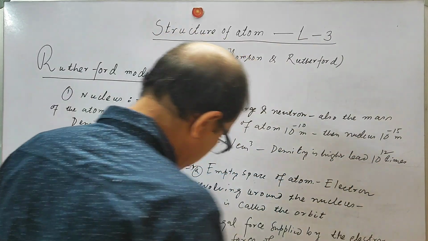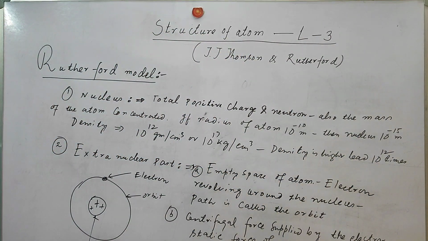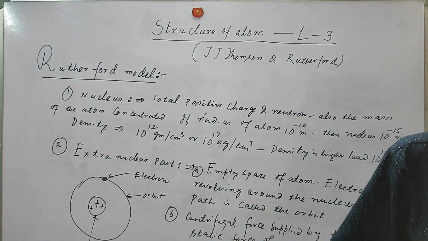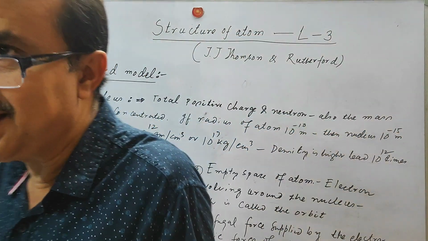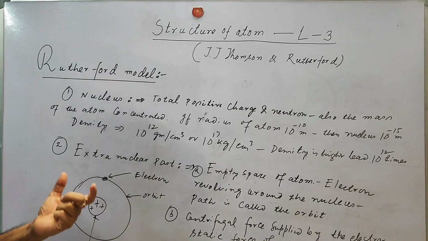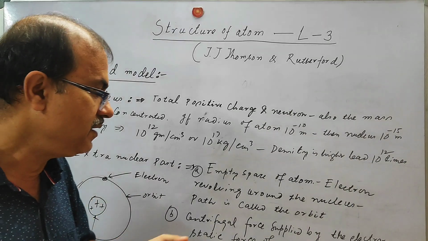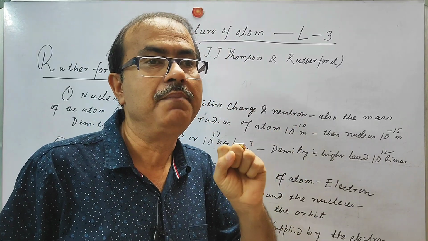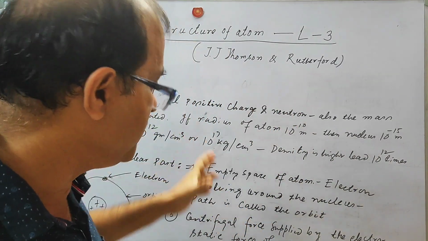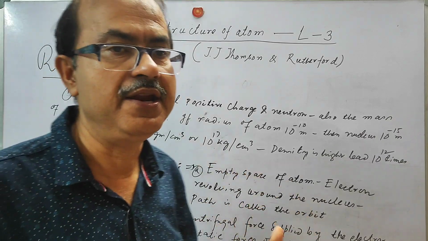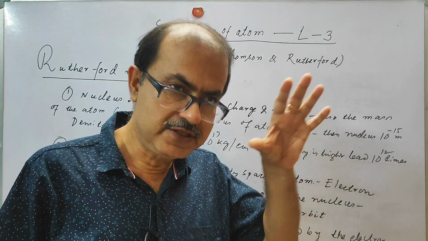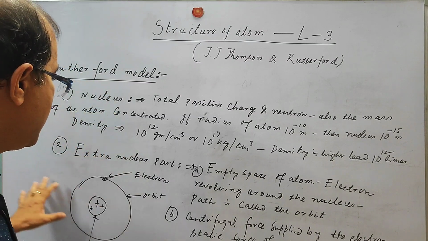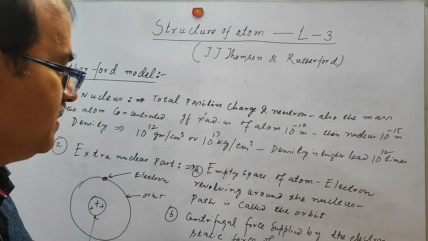So we can understand very clearly how Rutherford gave his model that is near to the solar system, and these electrons are called the planetary electrons, and this arrangement is called the planetary arrangement. This is the model given by Rutherford, with two parts, the nuclear part and the extra nuclear part.